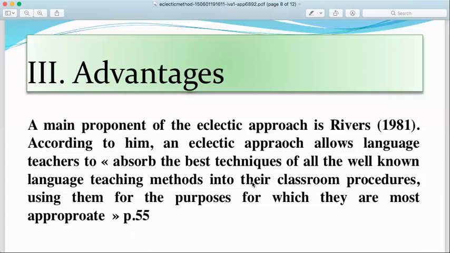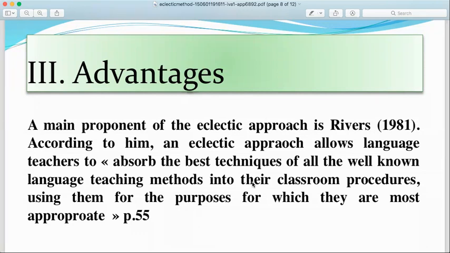So another important characteristic is that these eclectic classrooms are usually learner-centered classrooms. But again, this is not compulsory. Sometimes when the teacher wants to give them input, she can have a teacher-centered classroom. At other times, she can have a learner-centered classroom.